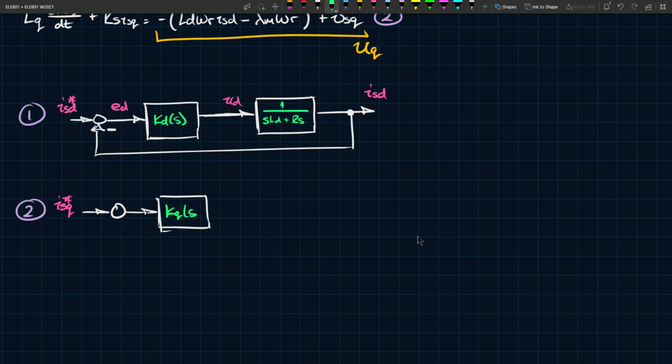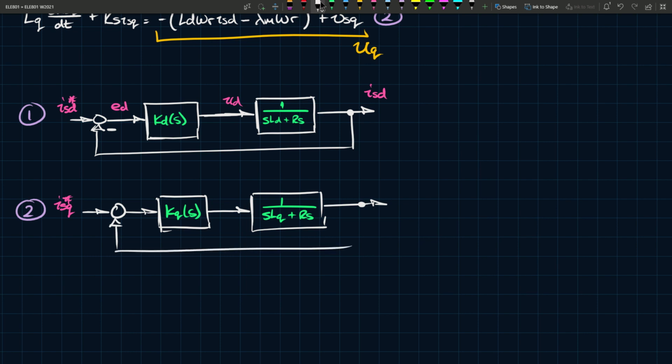This is KQS. We'll call it Q because it's the Q frame or the Q component. And here, in this case, we have 1 over SLQ plus RS. The output of this is obviously ISQ. And here you have a minus sign, and this is EQ, and this is ISQ, this is UQ.